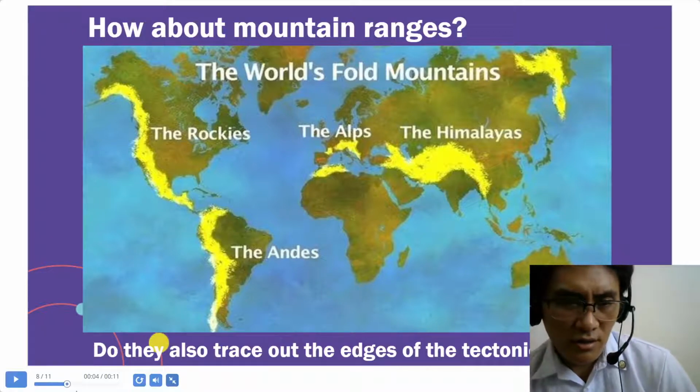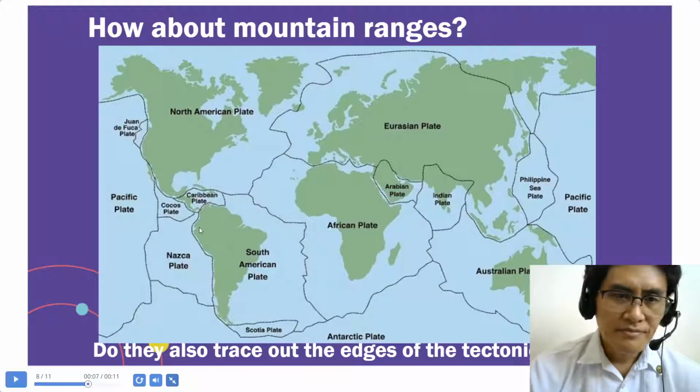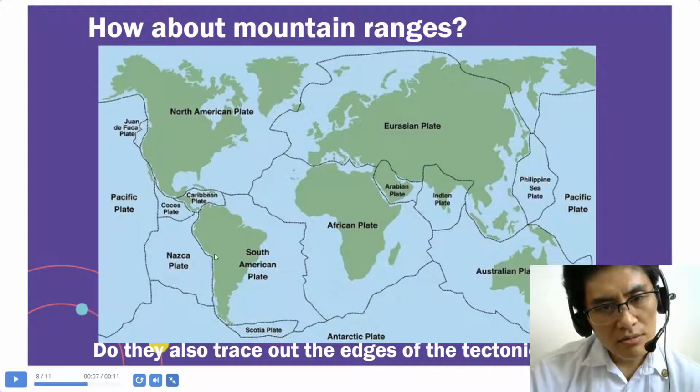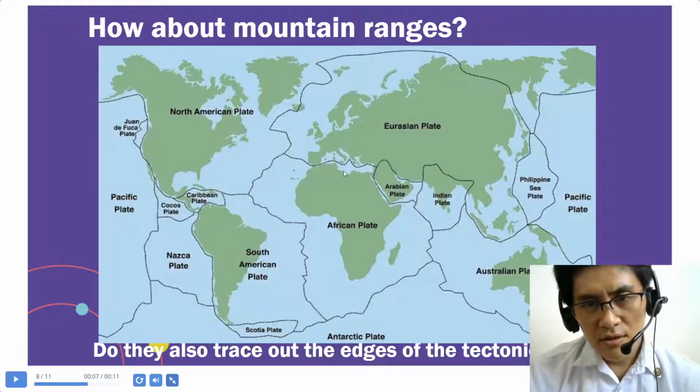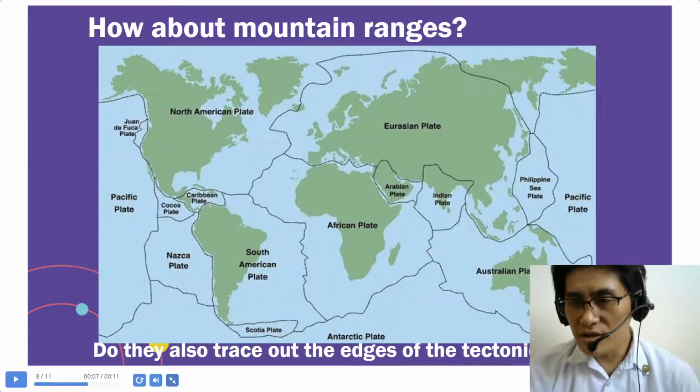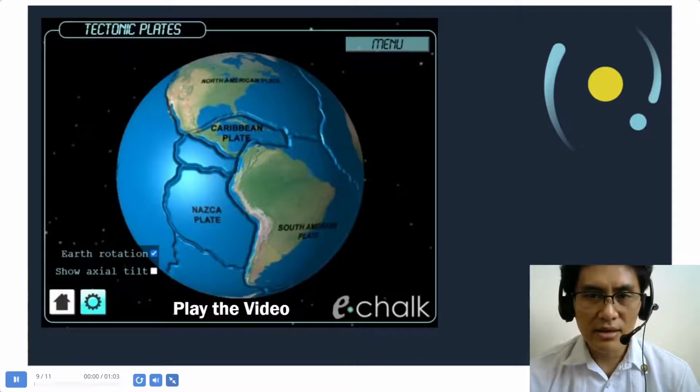So if you look at where the plate boundaries are, those are the boundaries. The Rockies, the Andes, the Alps somewhere here, the Himalaya somewhere here, and the other mountain range here. So you see, they also follow the edges of the tectonic plates, or the tectonic plate boundaries.